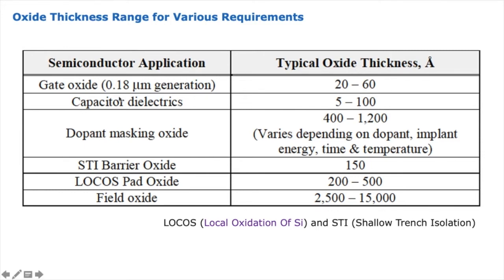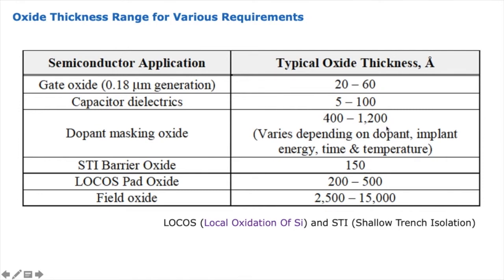For example, for a 0.18 micron generation MOSFET, typically 20 to 60 angstrom gate oxide thickness is used. Similarly, capacitor dielectrics are around 5 to 100 angstrom, and dopant masking oxide is 400 to 1200 angstroms.